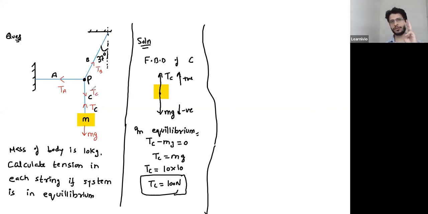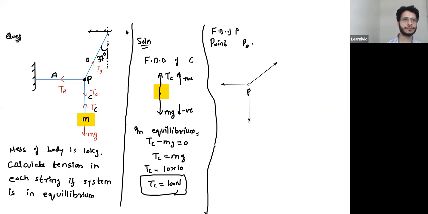So if I draw the FBD of P, if this is P, then this is your tension TB, this is your tension TA, and this is your tension TC.